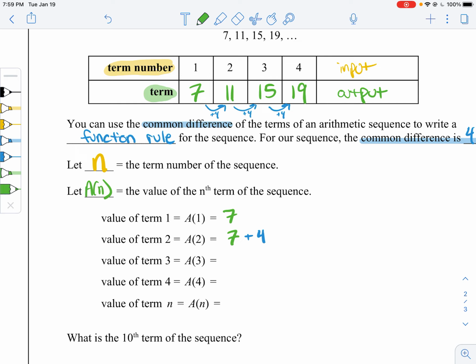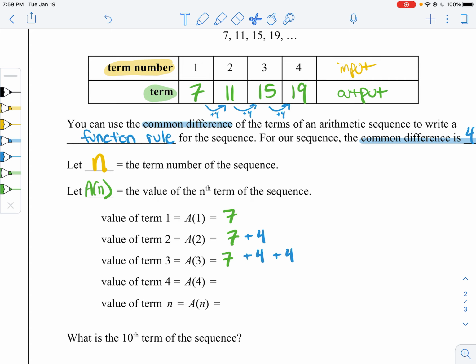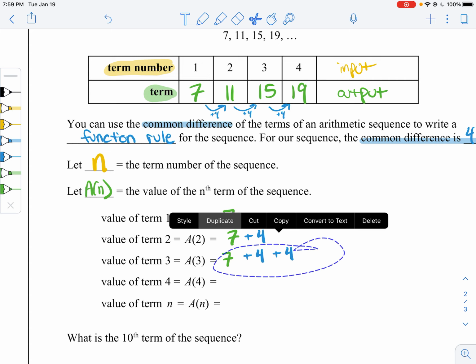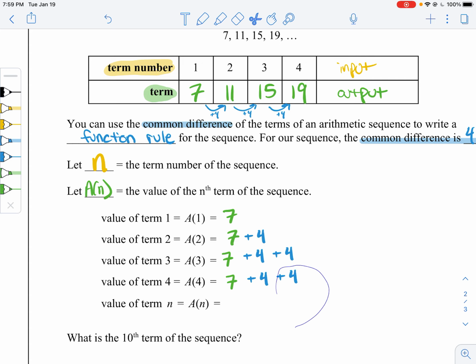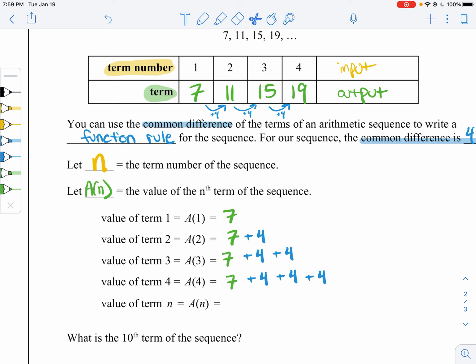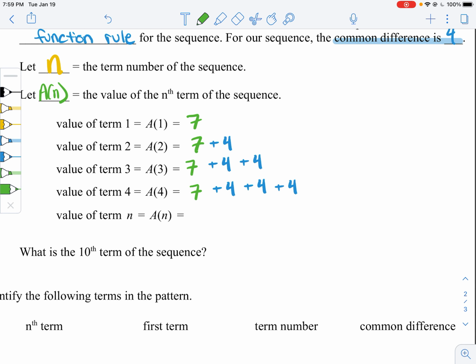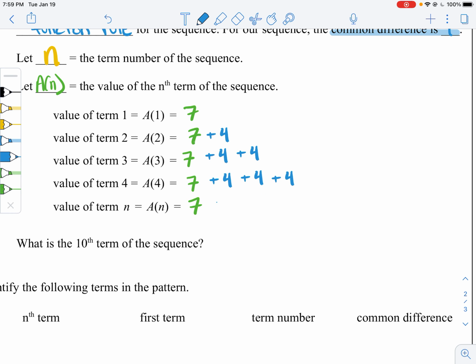And then to get a3, we added our common difference, but we added it twice. To get our 4th term, we added our common difference three times. So in order to find a of n, we start out with our first term, and then we add our common difference.